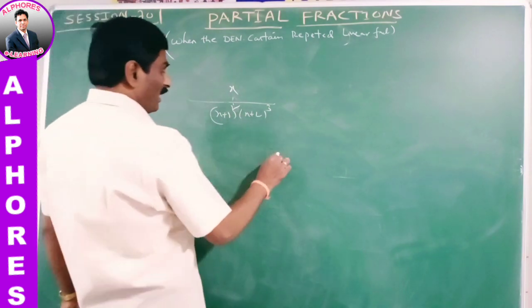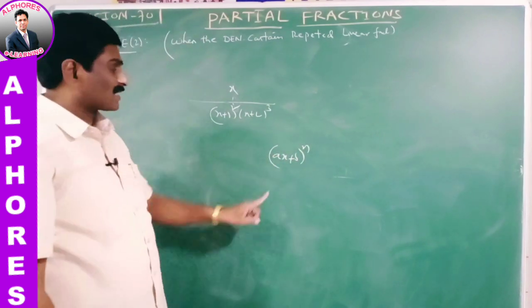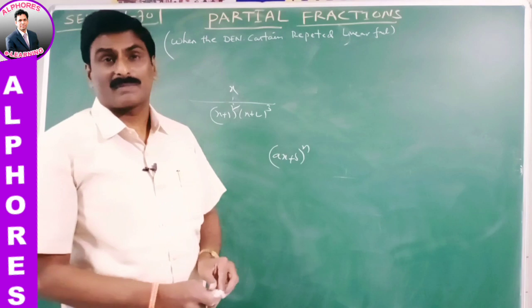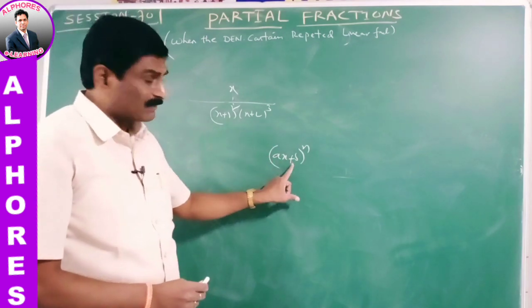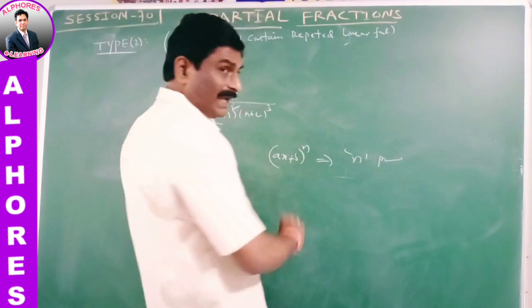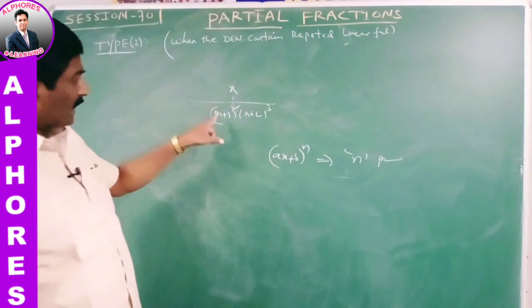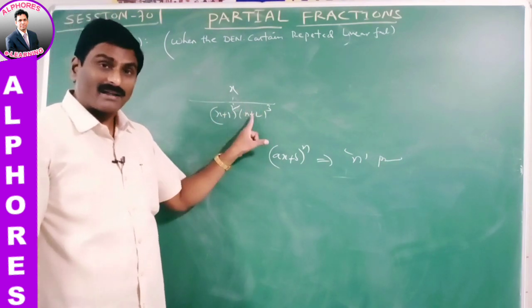Suppose the linear factor is in this way: ax plus b whole power n. The denominator contains a repeated linear factor ax plus b whole power n. For every repeated linear factor ax plus b whole power n, there will be n partial fractions. Here, suppose the degree is 2, we get 2 partial fractions. Here the degree is 3, we get 3 partial fractions.